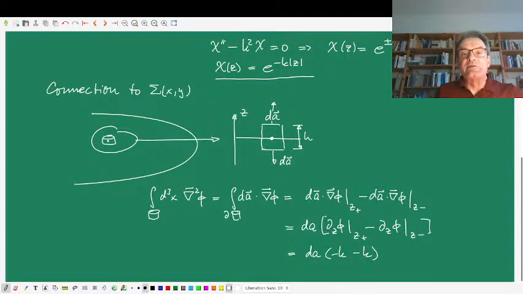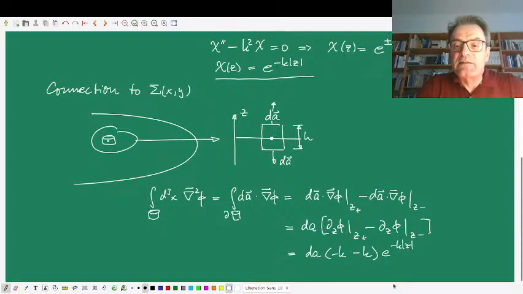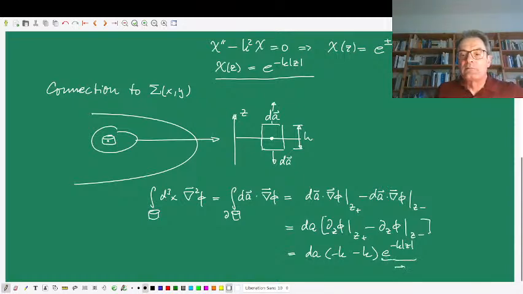And now I can take the limit of z going to 0 on both sides. So this will mean I will now take the limit of e to the power of minus kz for z to 0, and this is 1. Right, so this will go to 1, and this will end up in minus 2 dA times k. All right, and here I need to complete psi of x and y, right?